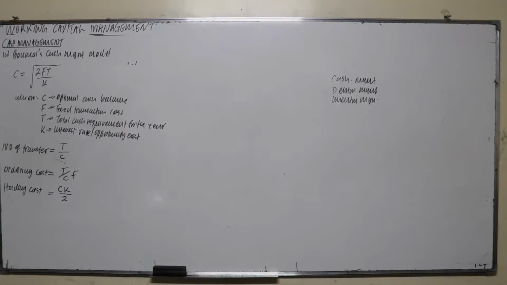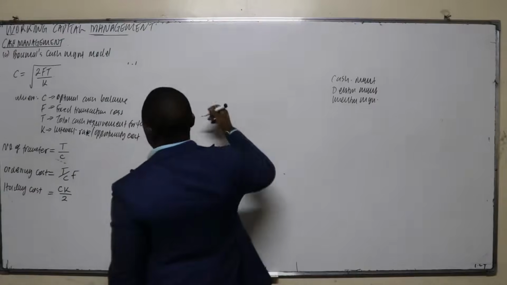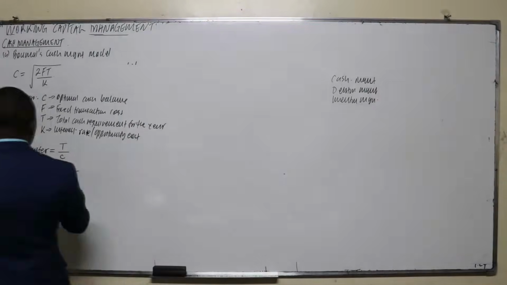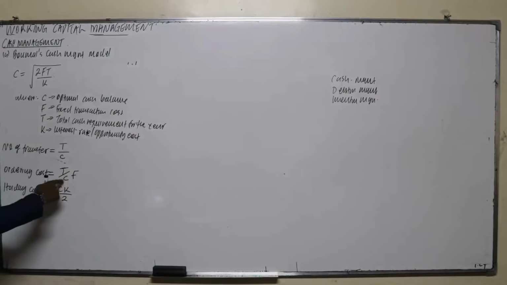November 2017, question 5D. Yes? Yeah, this is T over C, then you multiply by F, like this.